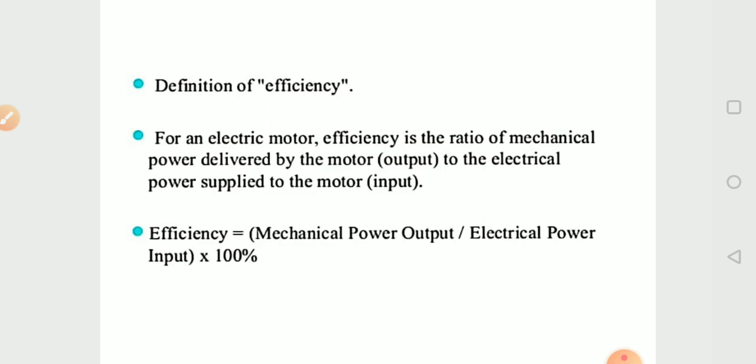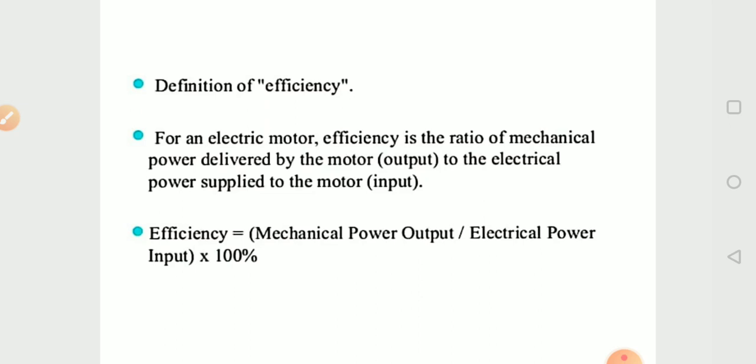Now, as you know, in a motor, while converting electrical energy into mechanical energy, energy is lost in the form of heat during the process of conversion.